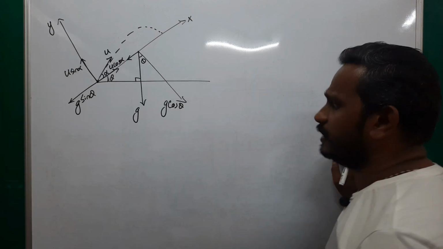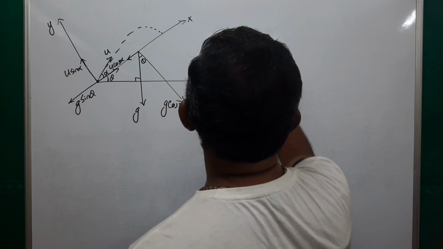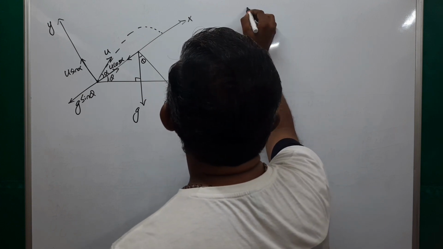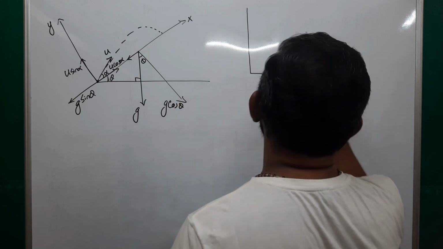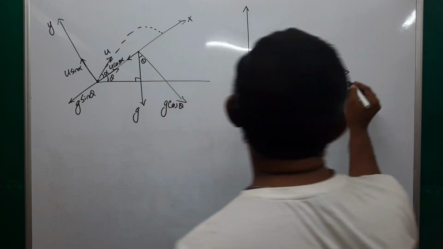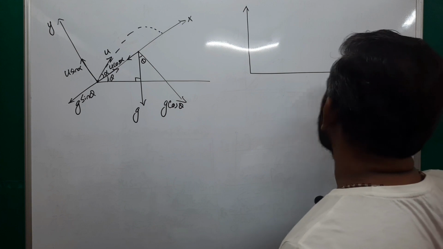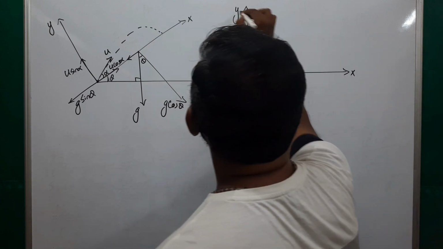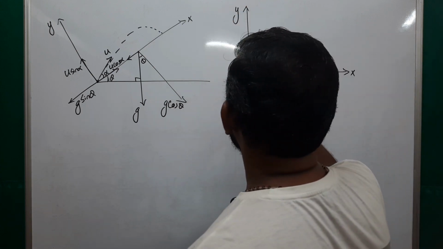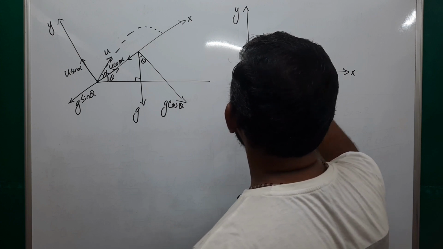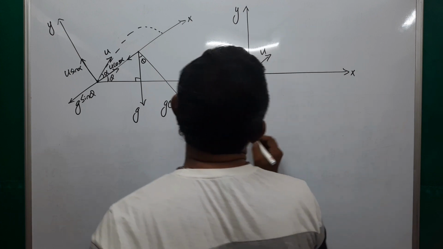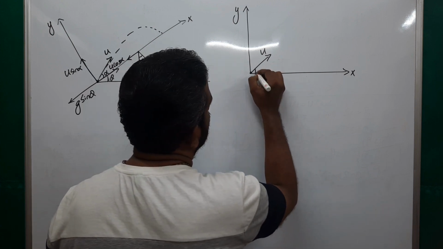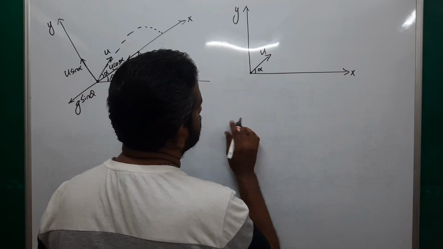When we draw the diagram for the component vectors, this is our y-axis and this is the x-axis. The projectile is projected from here with the initial velocity u at an angle alpha with the x-axis.